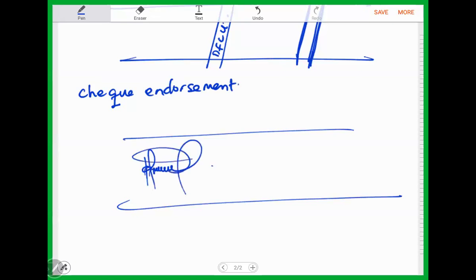By signing on the back of the check, this is an endorsement. The signature on the back of the check is called an endorsement.